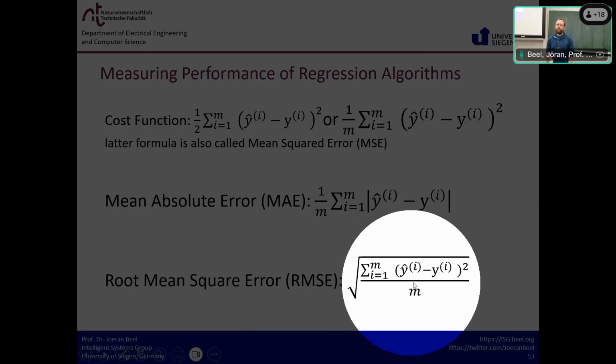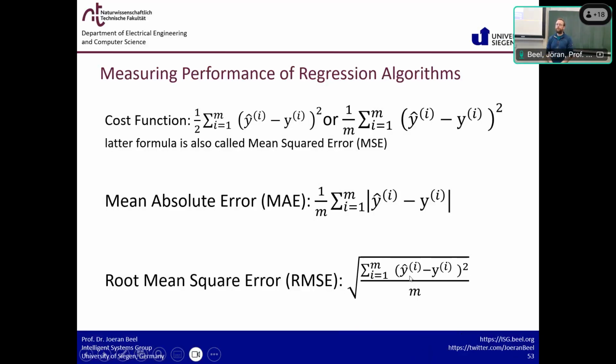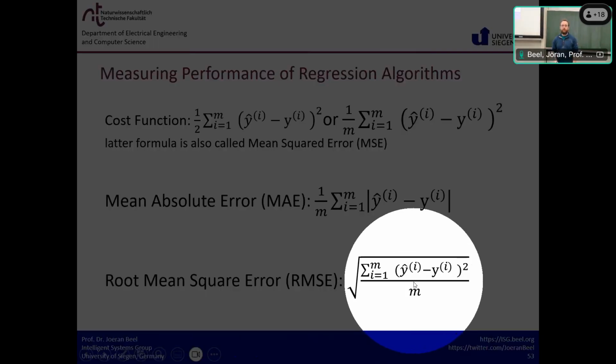Why would anyone use this? Do you find that intuitive? Would you tell your grandmother the root mean square error is this? Do you think she would say, oh yeah, I know what that means?